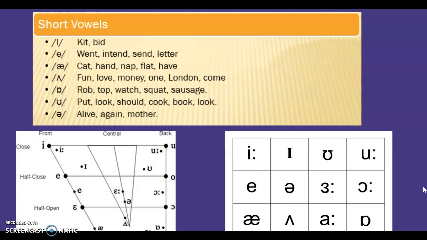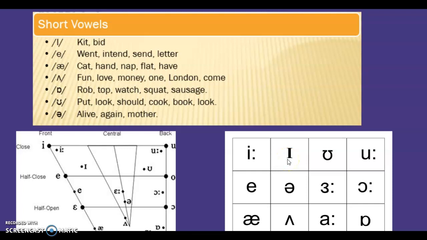For example, if I think about the I as in kit or bit, as we have already said, you have noticed here it's a high or close vowel. It's not completely produced at the front, but a little bit at the back.